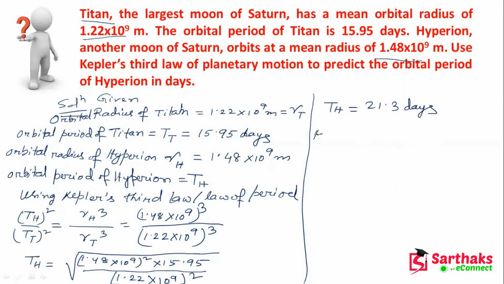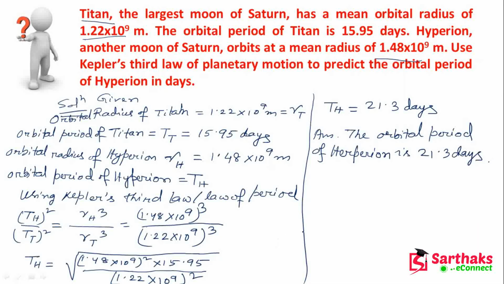So here the answer is: the orbital period of Hyperion is 21.3 days. Okay, fine. This much.